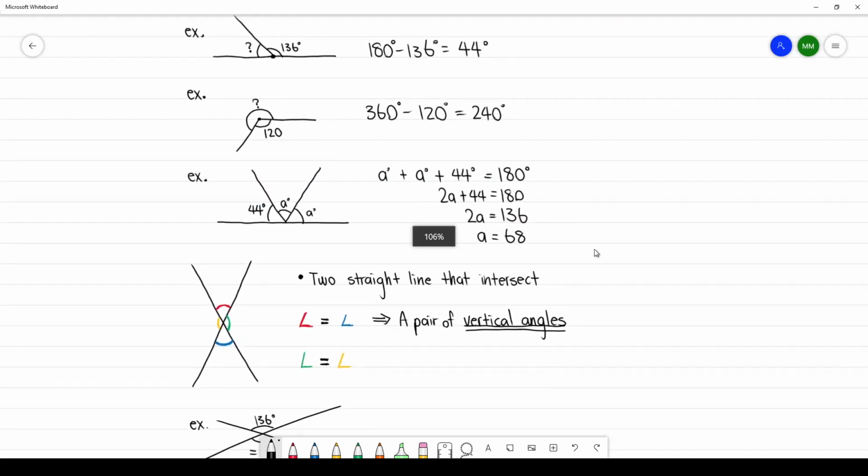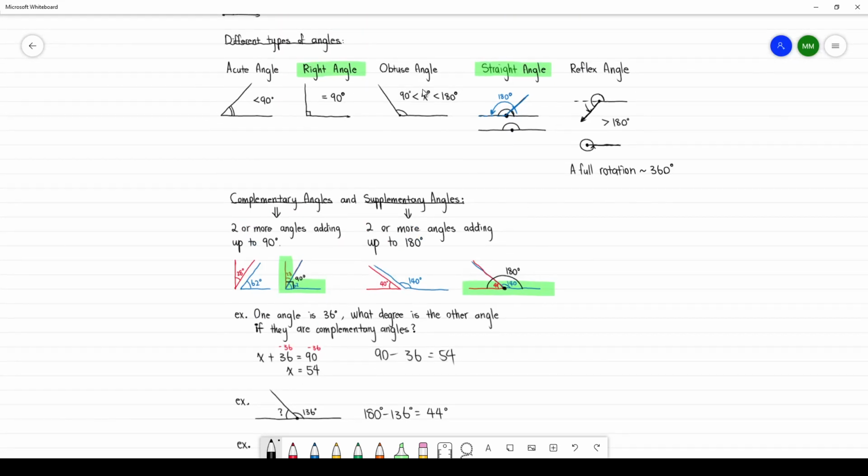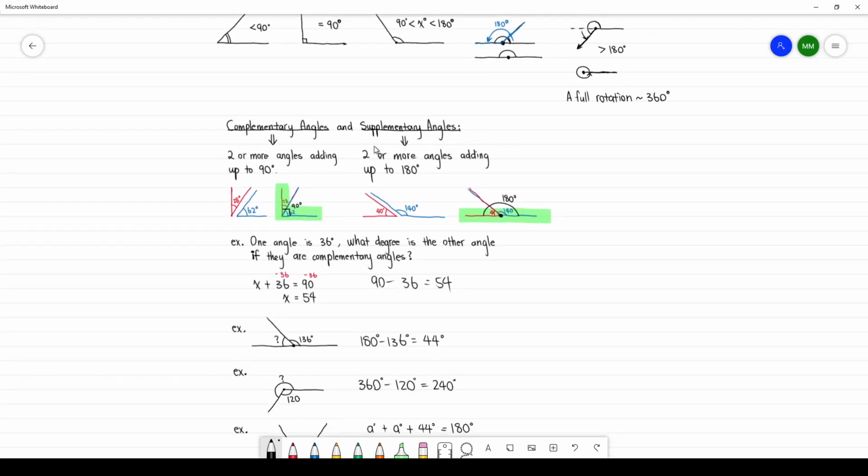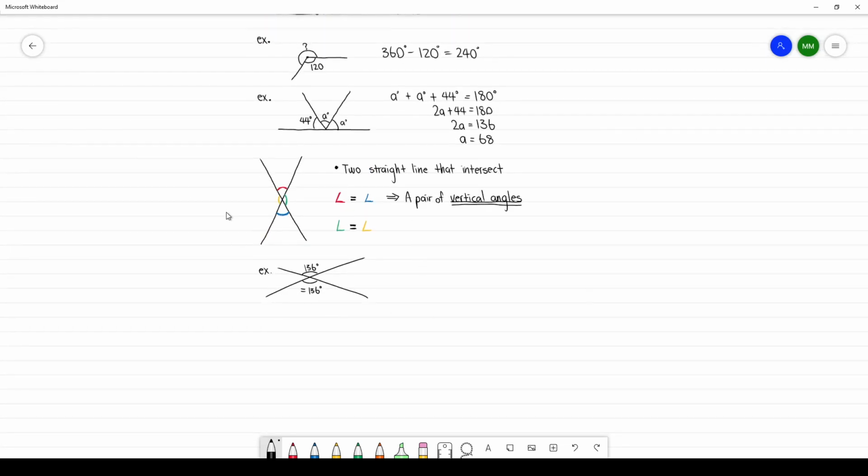So right now we have defined the different types of angles, and then we looked at complementary and supplementary angles, and then some examples, and now we looked at vertical angles. So two straight lines that intersect, the opposite angles must be equal.